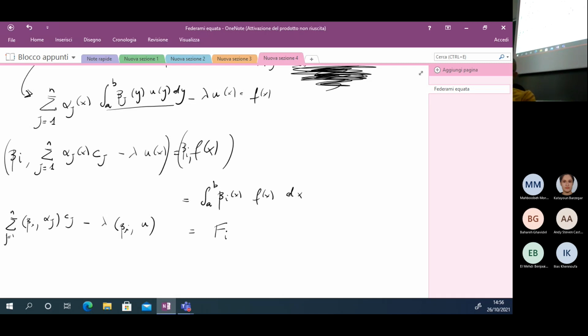Is this clear, or should I explain how I found the left hand side?